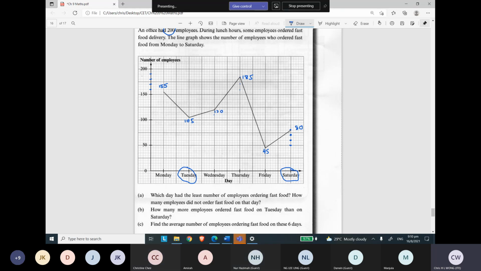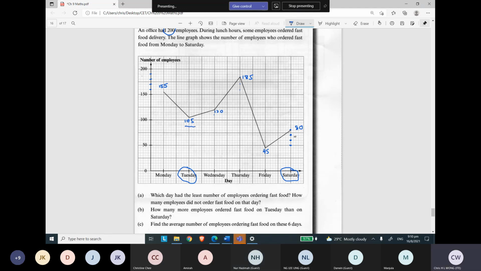Which question are you talking about? Question B? How many more employees order fast food on Tuesday than on Saturday? Look at the graph, you can tell. On Tuesday, how many people order fast food, Azima? 105.